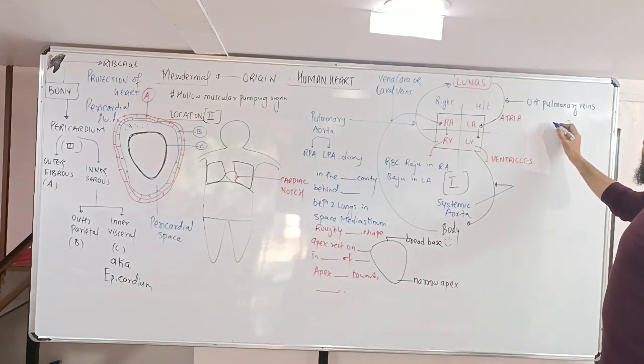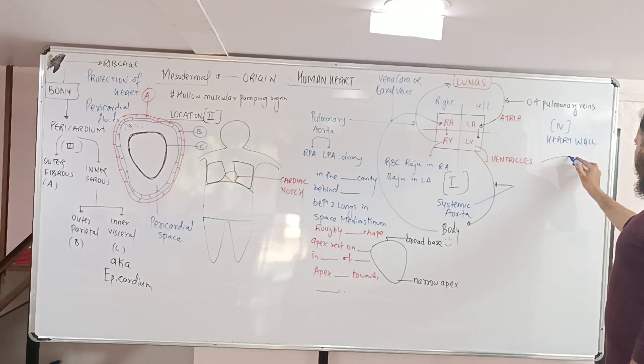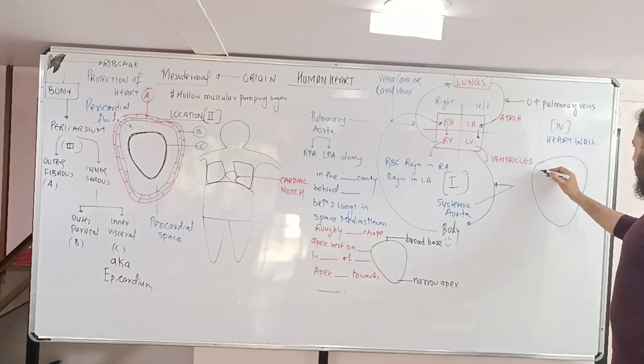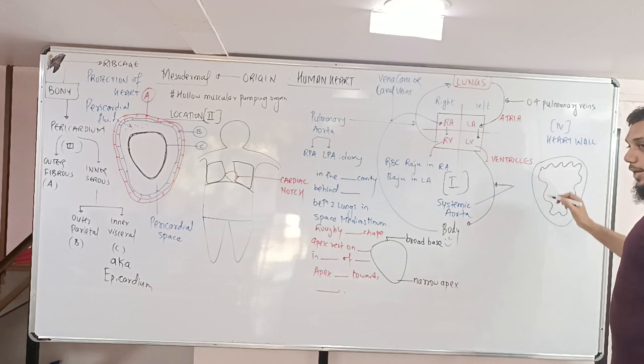Fourth concept: the heart wall. We have discussed the heart wall before also. Yes, right? Cardiac tissue.